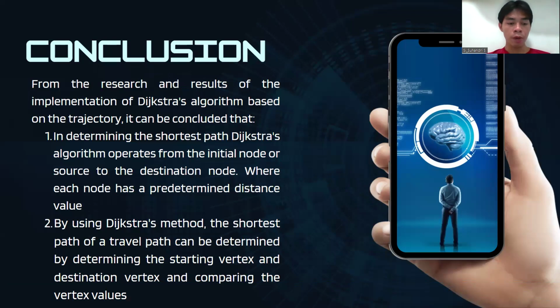Two, by using the Dijkstra method, the shortest path of a travel route can be determined by determining the starting vertex and destination vertex and comparing the vertex values. Thank you so much.